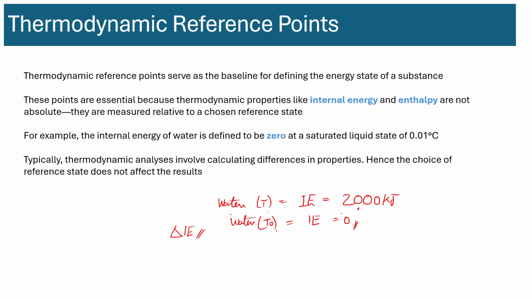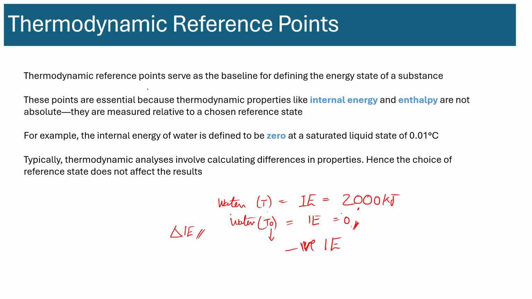Different people or agencies choose the T naught and the internal energy baseline value differently. Sometimes you could have negative internal energy, because you have chosen your zero point at a high enough temperature that at a lower temperature the internal energy is actually negative.